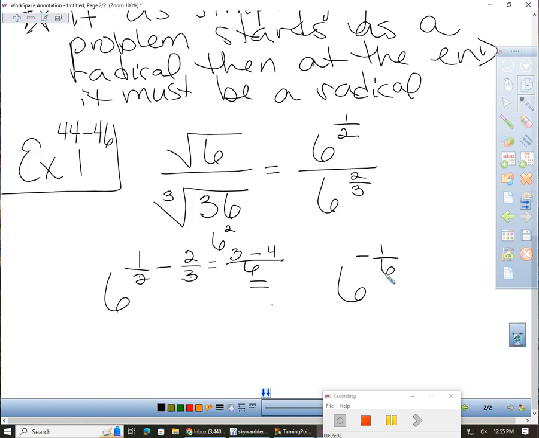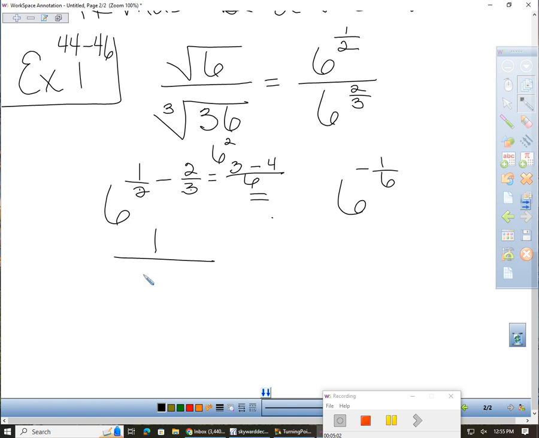Does everybody agree with that? So where does a negative exponent go? On the bottom. 1 over 6 to the positive 1/6. Okay, now I'm going to put it back in radical form.